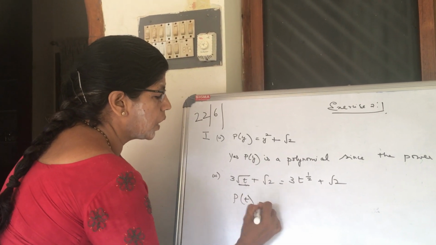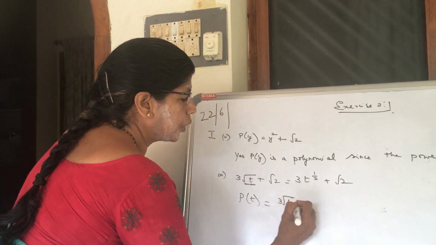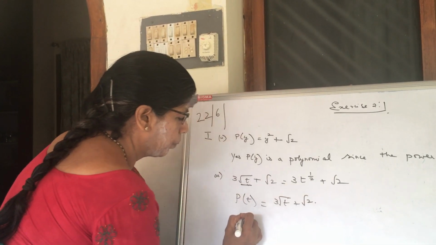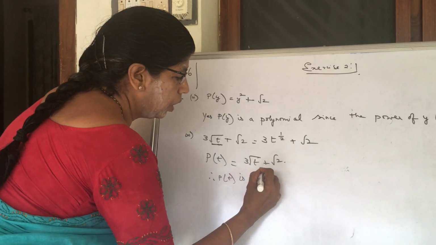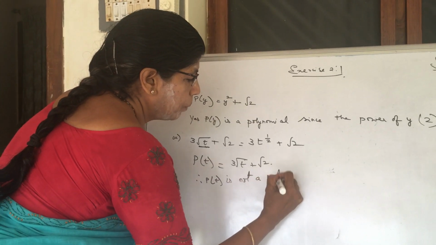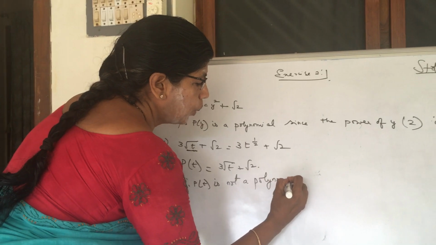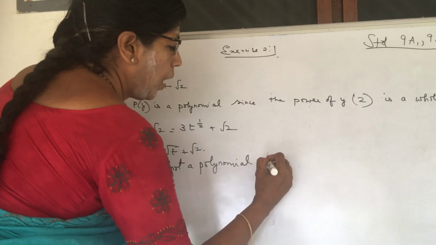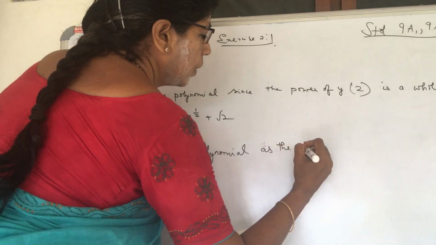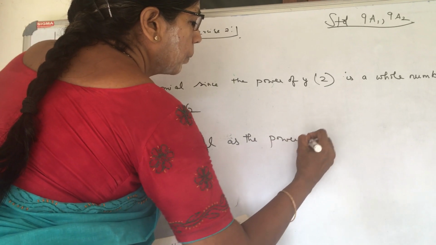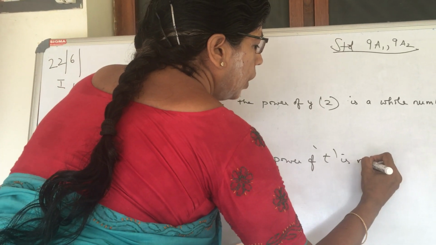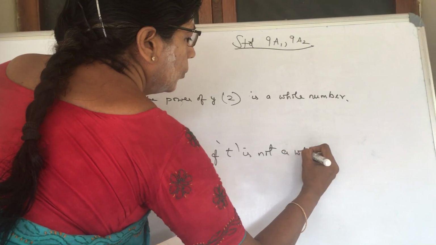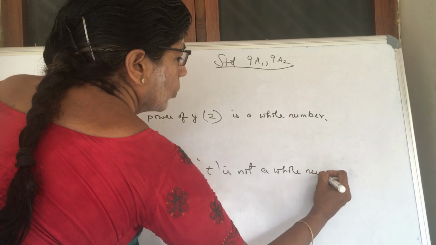P of t is equal to 3 root t plus root 2. Therefore, P of t is not a polynomial as the power of t is not a whole number.